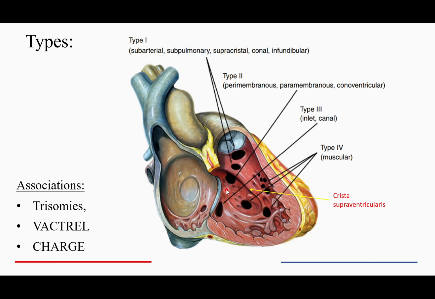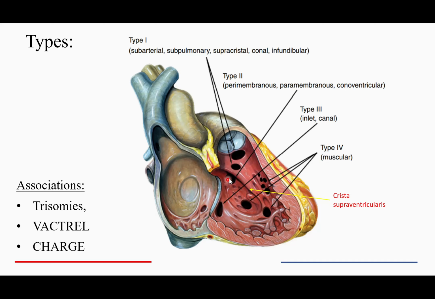And this is the perimembranous or the subcristal or the paramembranous or the conoventricular. It is a VSD that is an outlet, but it is related to the tricuspid valve with almost no tissue between the tricuspid and the VSD. Almost no tissue. So it is very close to the aorta and the tricuspid valve. This is the perimembranous.